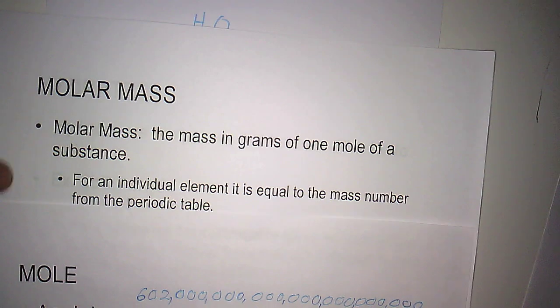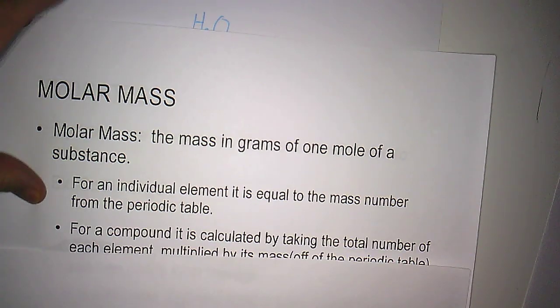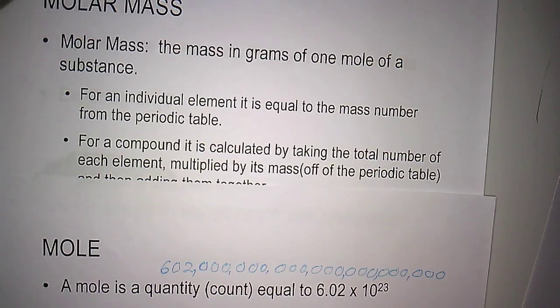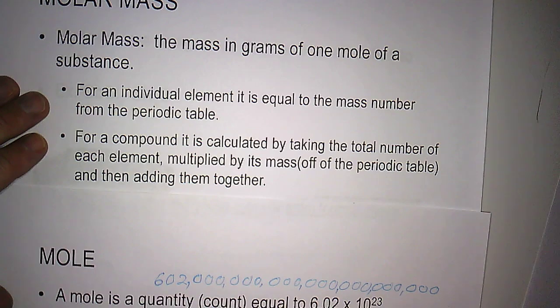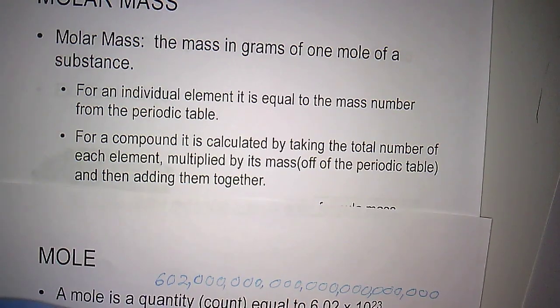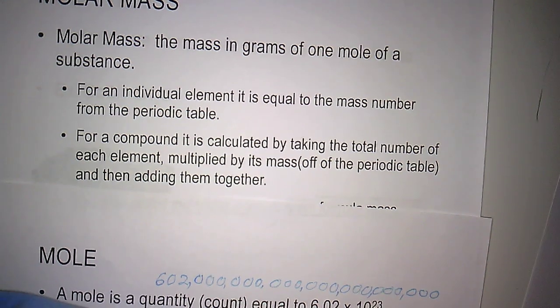Okay. But for a compound, we have to calculate it by taking the total number of atoms of each of the elements, multiplied by its mass off the periodic table. And again, we're going to round to 1 decimal. Then you add all that together, and that's the molar mass for that compound.